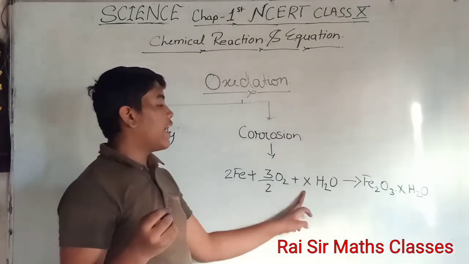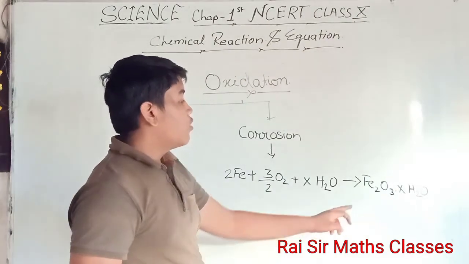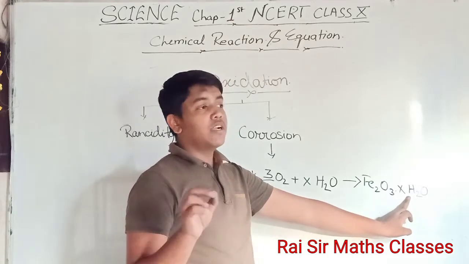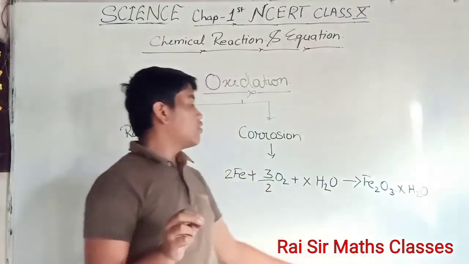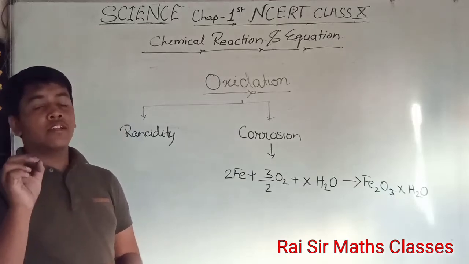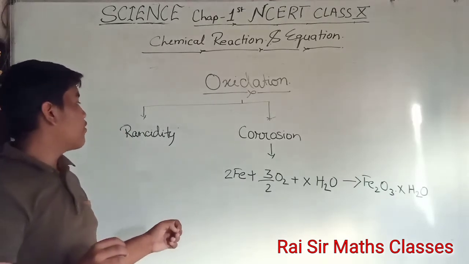So we are using x as a coefficient. Then it will give Fe2O3 dot x H2O, it is the process of corrosion. x is a constant value. We can take anything in place of x.